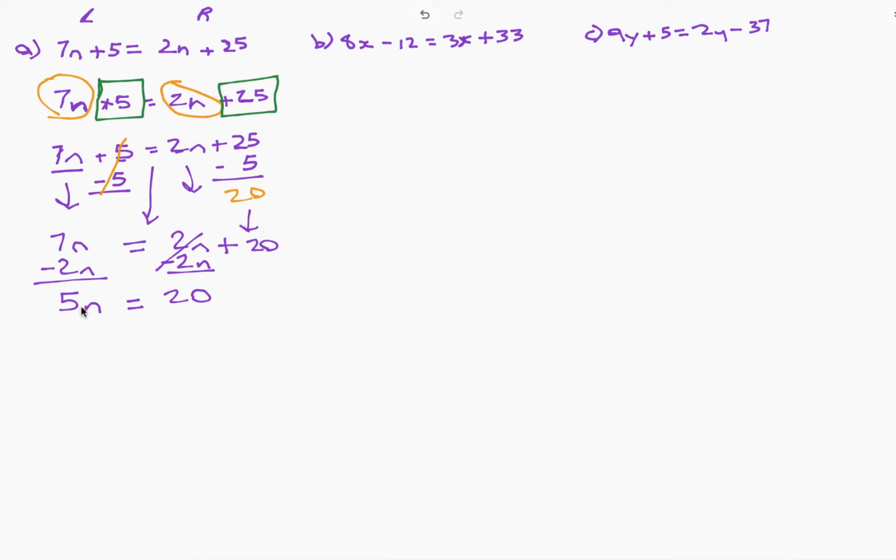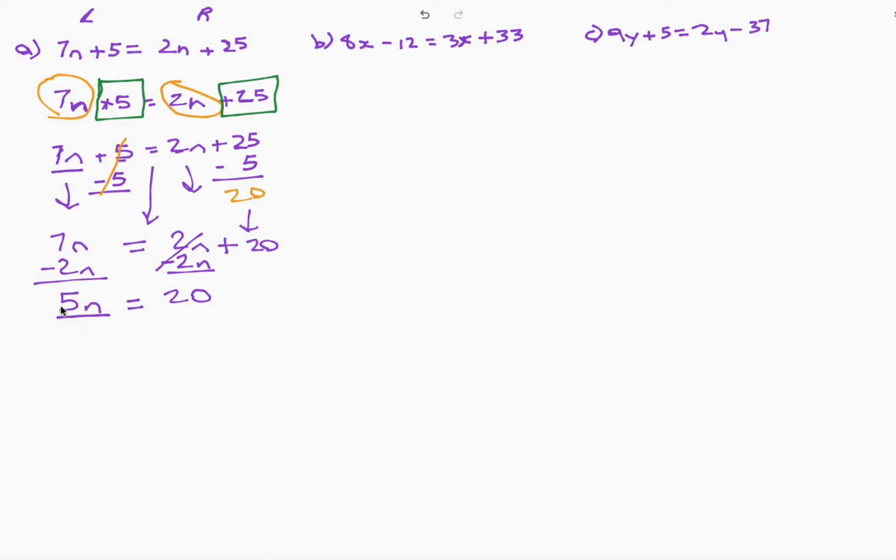We have 5n, right? So the operation here, we need to apply the inverse operation of multiplication. Because remember, 5n is the same as 5 multiplied by n. So the mathematical operation going on there is multiplication. So we need to apply the inverse, right?